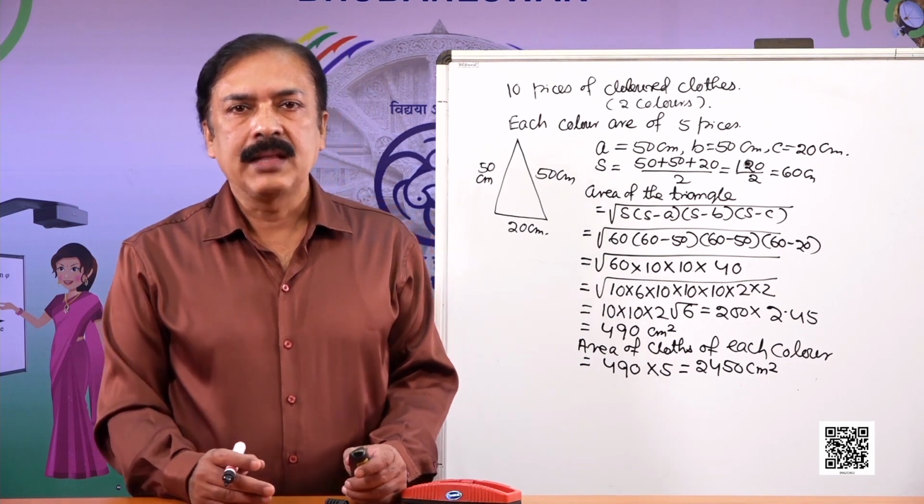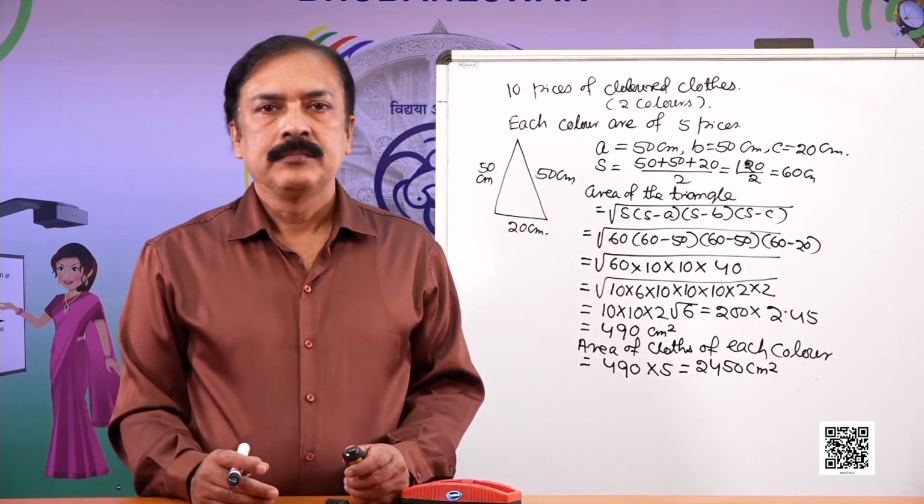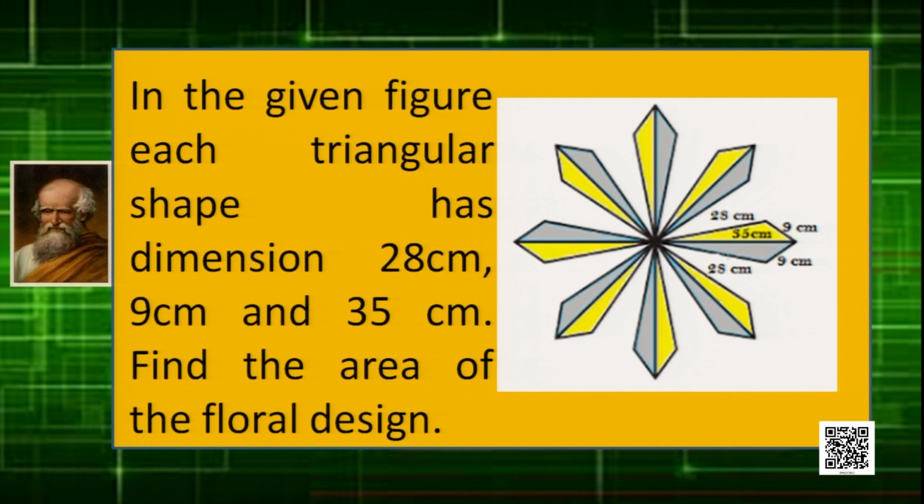Now let's have another question. See, we have a floral design here. In this given figure, each triangular shape has dimensions 28 centimeter, 9 centimeter and 35 centimeter. Find the area of the floral design.